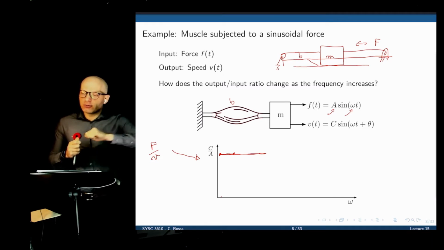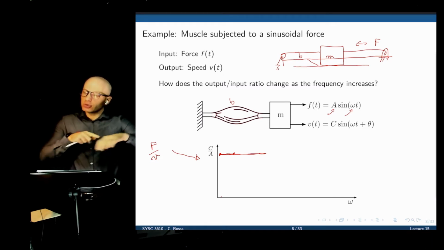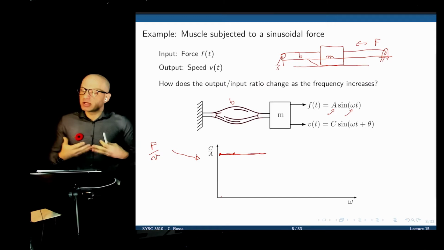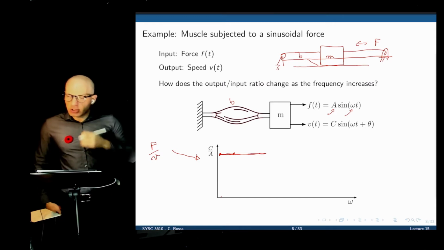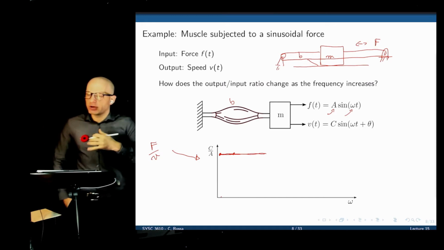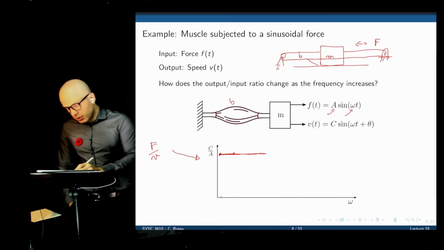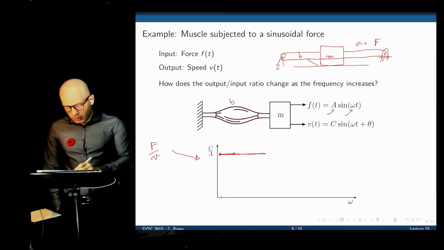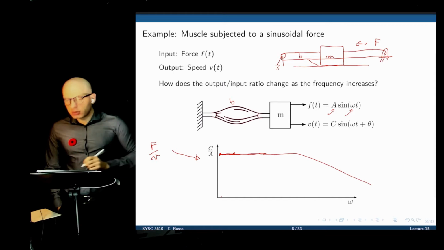But now if you go too fast, you don't have time to develop that full speed, and the ratio between the amount of force you put in and the final speed starts to decrease. This ratio drops as the frequency increases.